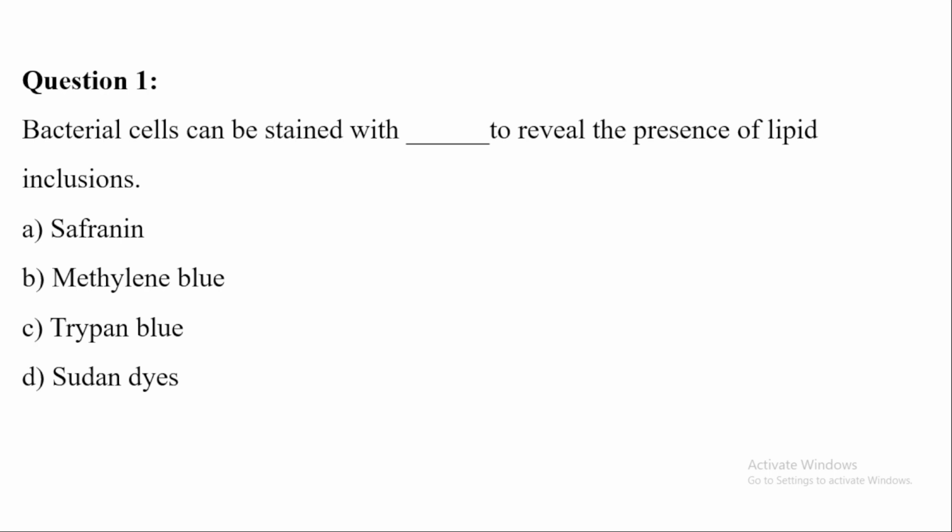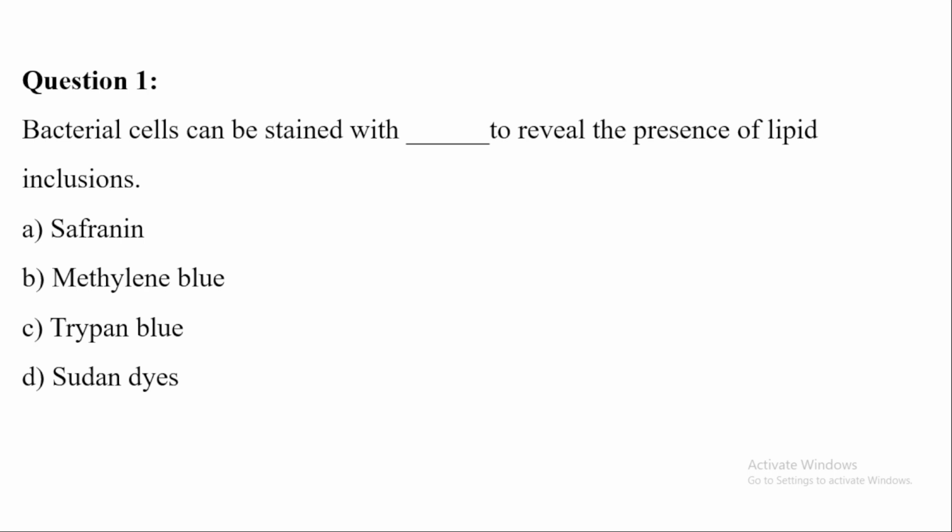So we have to select such a dye which can interact with the lipid bodies. Lipids are basically fatty acid molecules, right? So any dye that can interact with these fats can be used to stain these lipid inclusions.